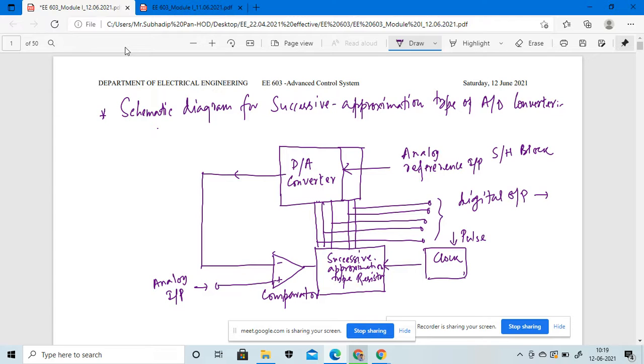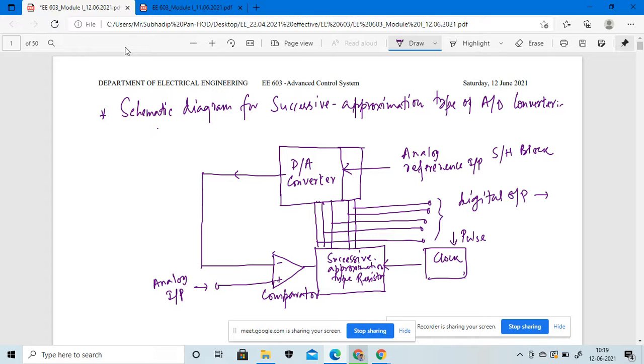So this is my schematic representation of a successive approximation type A to D conversion process, where we are using one comparator and the D2A converter, the main D2A converter block. We are also using the register, known as a successive approximation type of register.